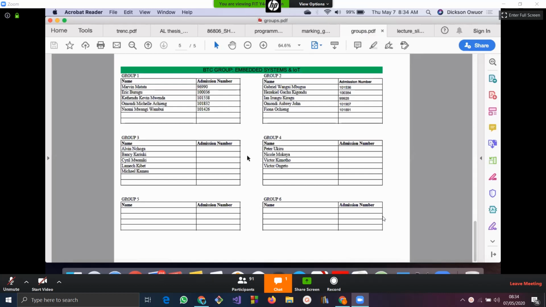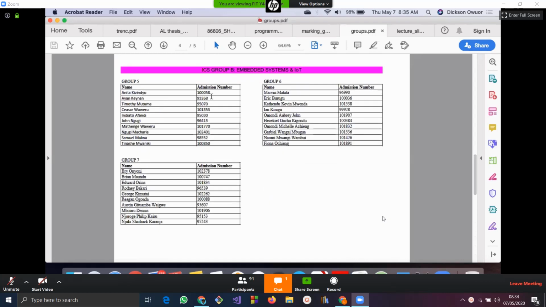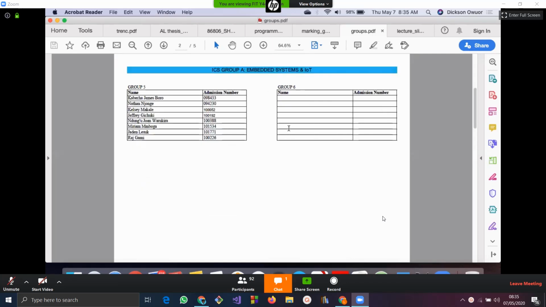ICSB. Oh, okay. So ICSB group 6 is BTC 1. So that should be Marvin, Eric, Ian, Ubre, Michelle, Gabriel, and Fiona. Anyway, when we get there, we'll sort it out.